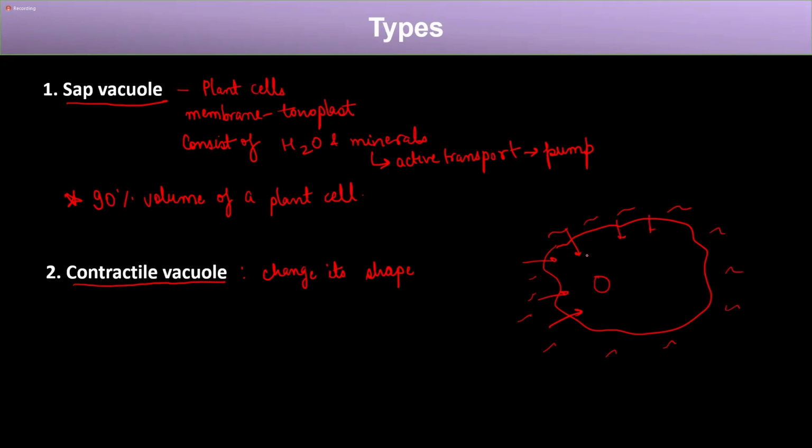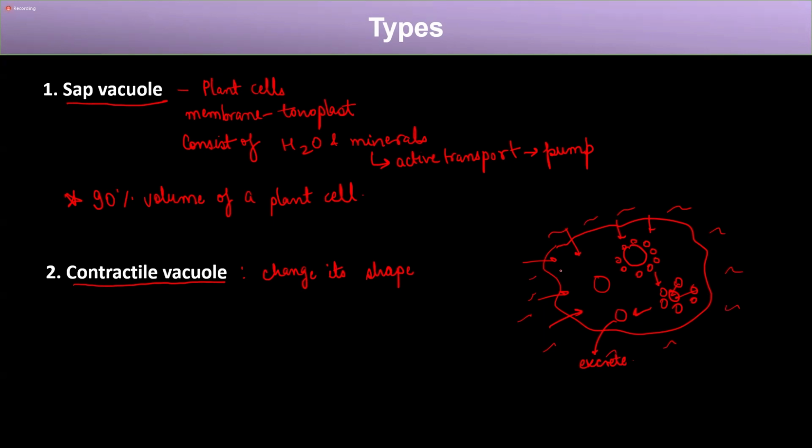So in this case, what happens? These contractile vacuoles take this water. So this is your large vacuole, and inside this, contractile vacuoles are present. These contractile vacuoles, upon taking the water, increase in size. And then they transfer this water to this large vacuole, and this large vacuole excretes out the water. So in this way, it prevents the bursting of this amoeba cell.